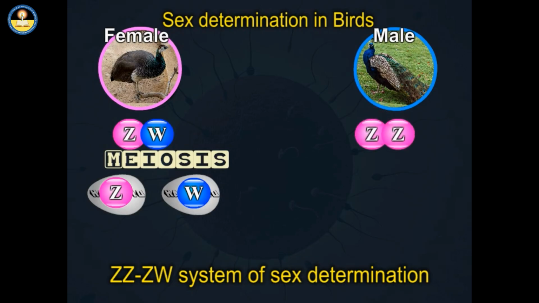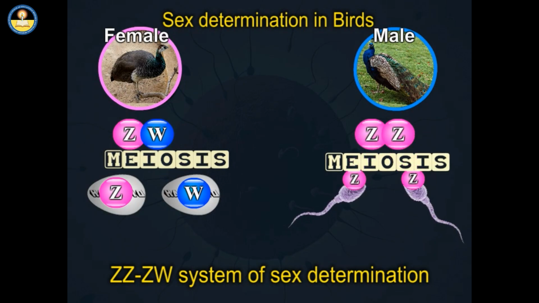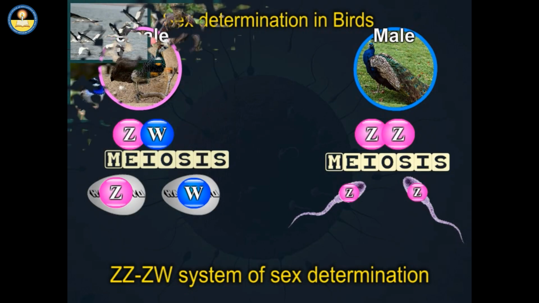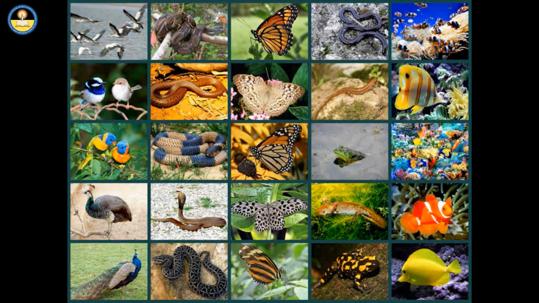Male birds are ZZ and all sperms produced by them contain a single Z chromosome. The ZZ-ZW system is found in birds, snakes, butterflies, some amphibians and some fishes.